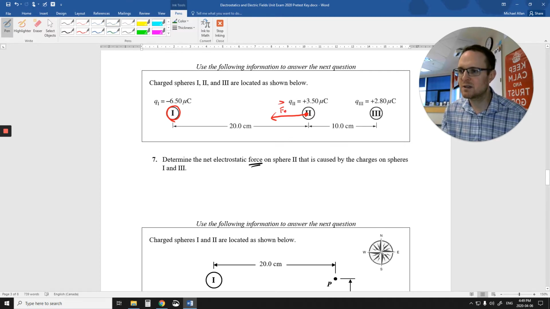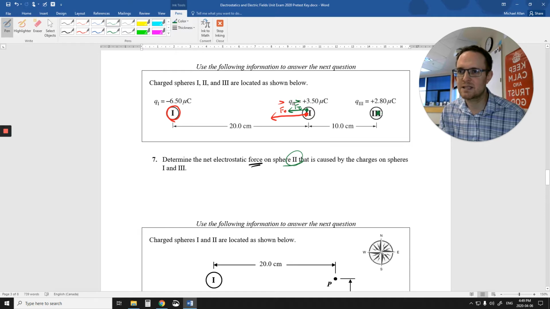All right? And then between 3 and 2, because I'm looking for what's happening on 2 here, they're both positive. Since they're both positive, they're going to repel. They're closer, so it's a smaller side. I don't know exactly the magnitudes, but I know they're going to repel. Okay, but there's other forces here too.